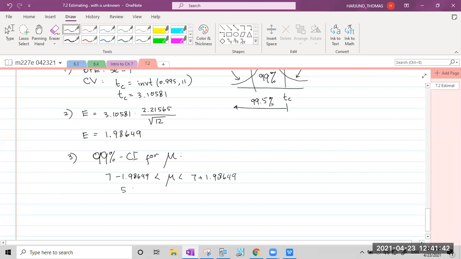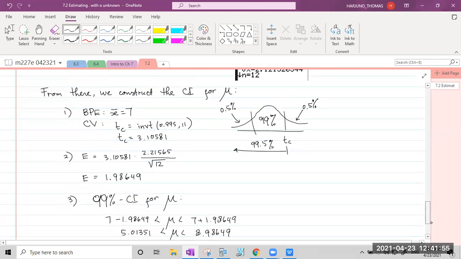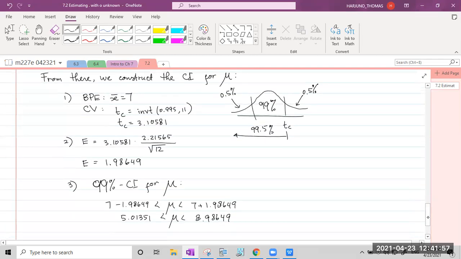So 5.01351 less than mu less than 8.98649. I automatically do all of this because it's just the procedure we did before, but there are some more things to show you.